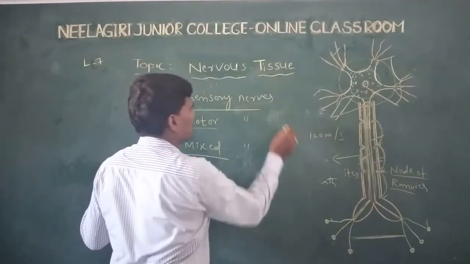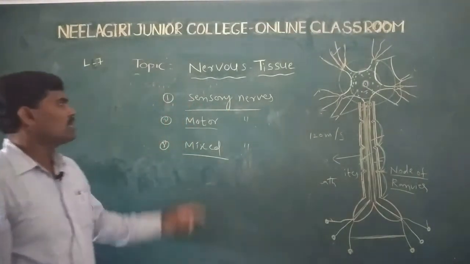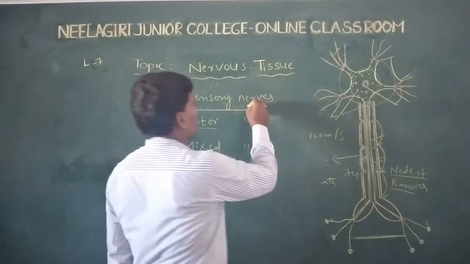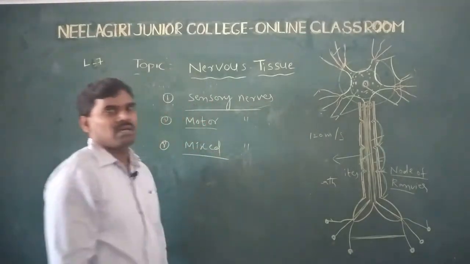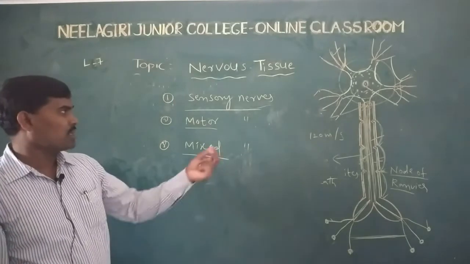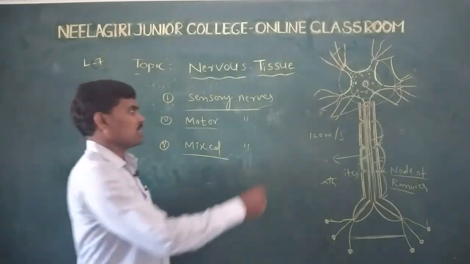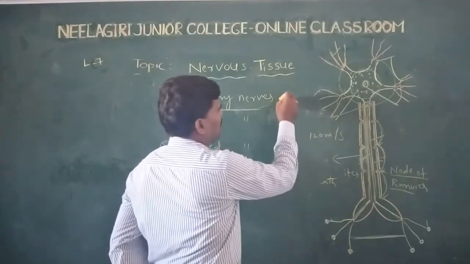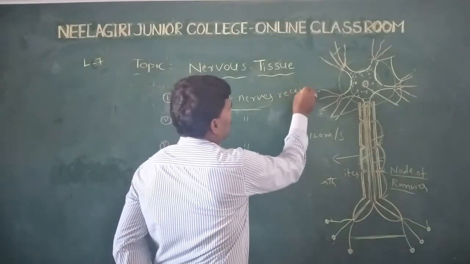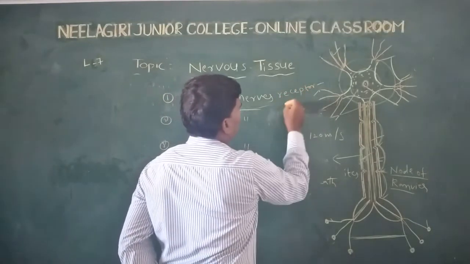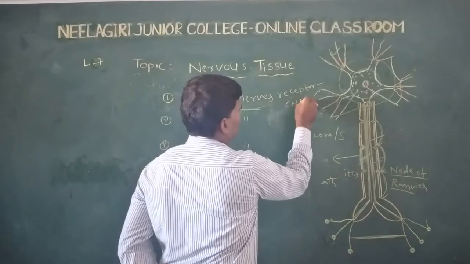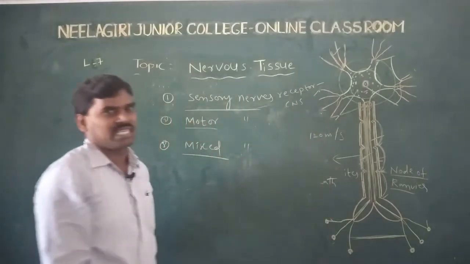Sensory nerves sense and receive the nerve impulse from the receptors and carry it to the CNS.